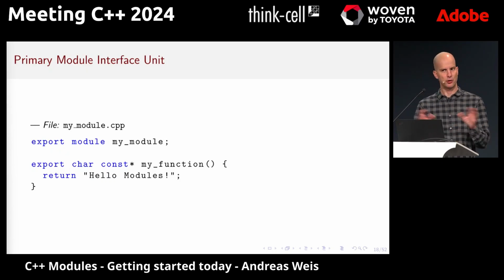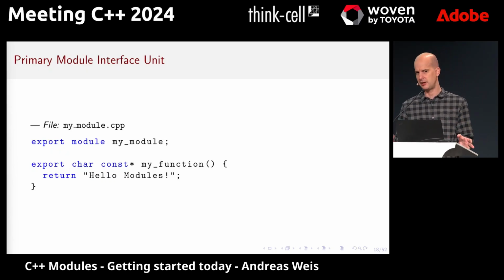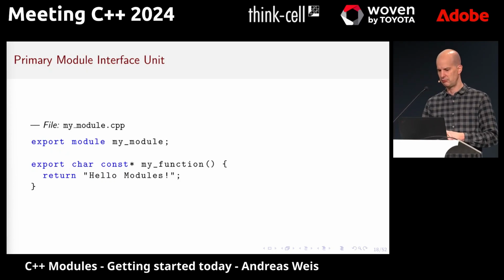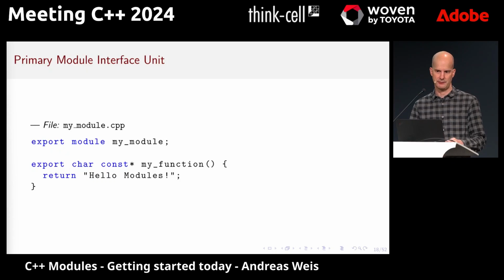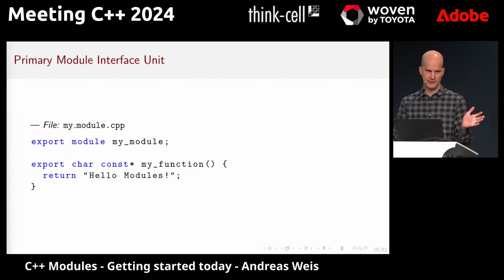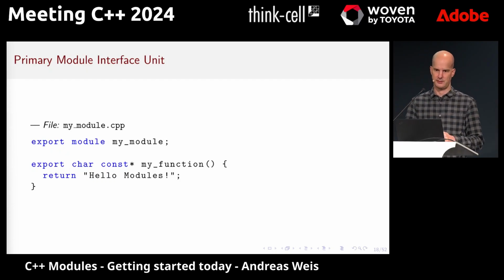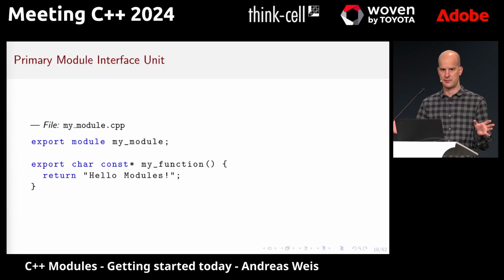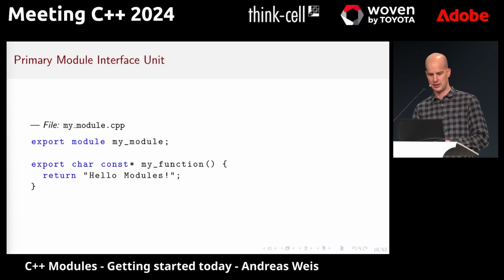Unless you have good reasons for splitting it up, you will usually be fine to quite a large extent with just putting everything in the primary module interface. So yeah, it looks like this. You have the export module, and then you give the module name, and that's the signifier. That's what it looks like.